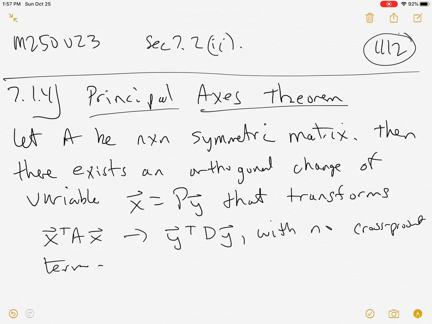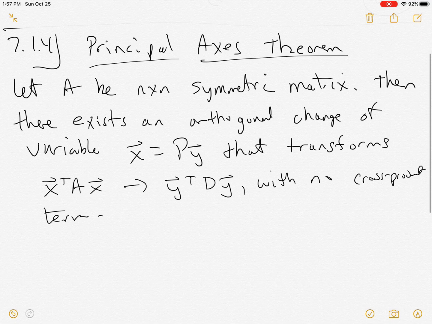So at the end of the last video, we had an example that showed this, and so now we've made it into a theorem that says you can always do this.